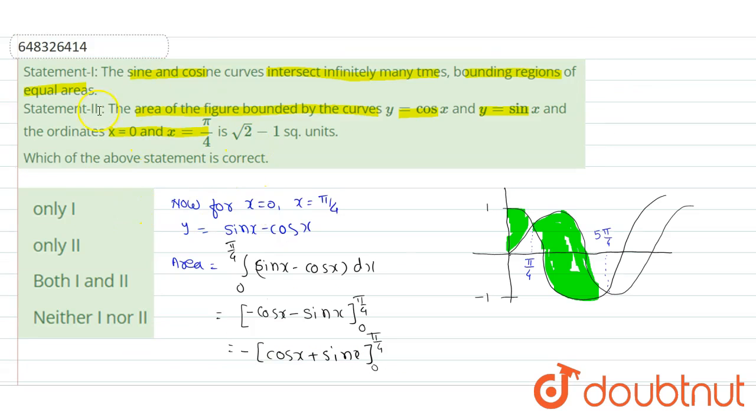So from these two regions, or these two areas, we say the sine and cosine curves intersect infinitely many times, but the bounded regions are not of equal areas.